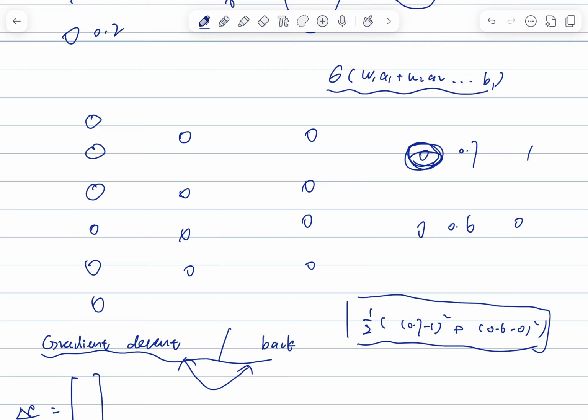This is going to be the thing for this neuron. And then the other side is still going to be the same. And for this neuron, it's just going to be all of this. So this is a ton of calculation.